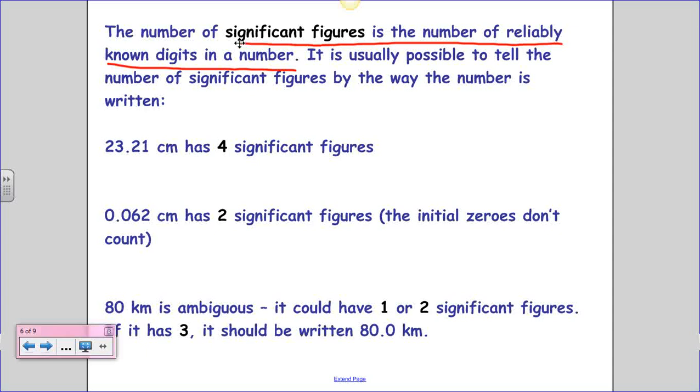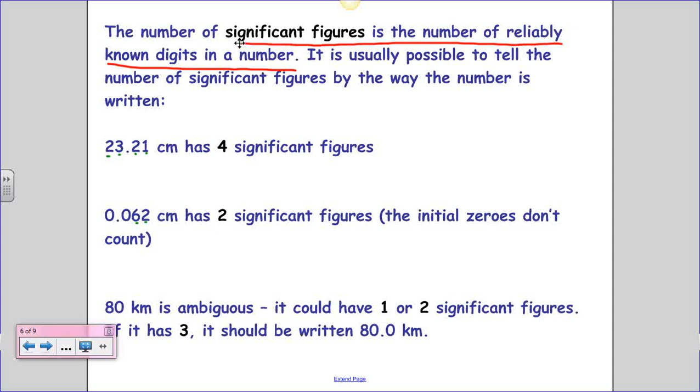For example, 23.21 has 4 numbers in it, and they are all non-zero numbers. 2, 3, 2, 1. Any non-zero number, no matter where it is, counts as a significant figure. So this has 4 significant figures. 0.062 has 2 non-zero significant figures, so those automatically count.